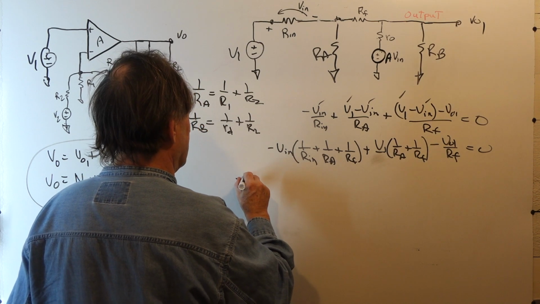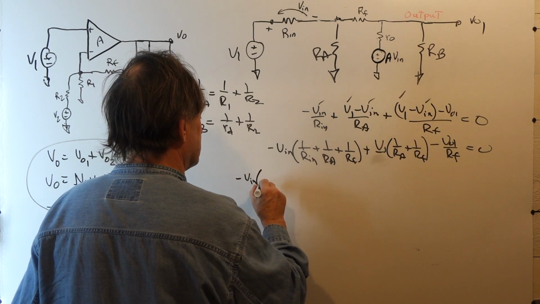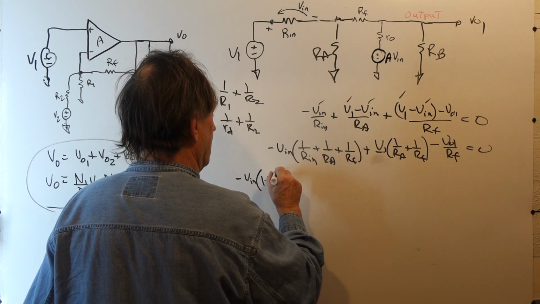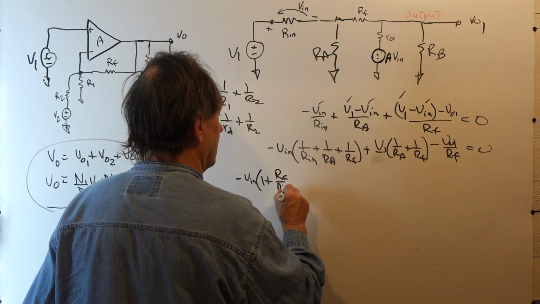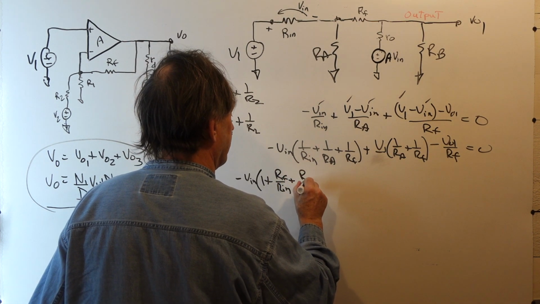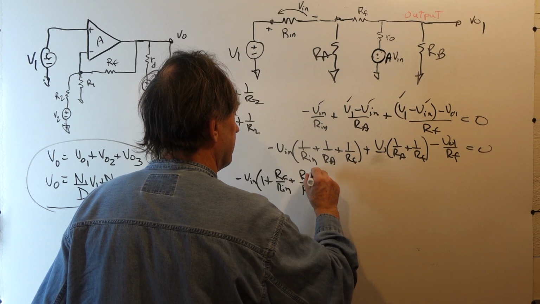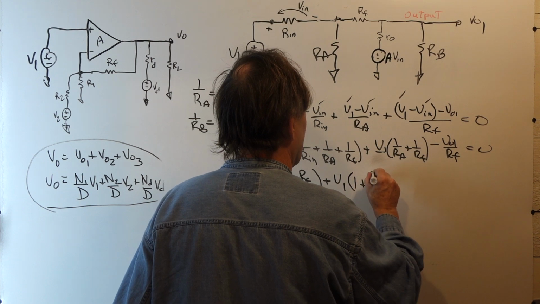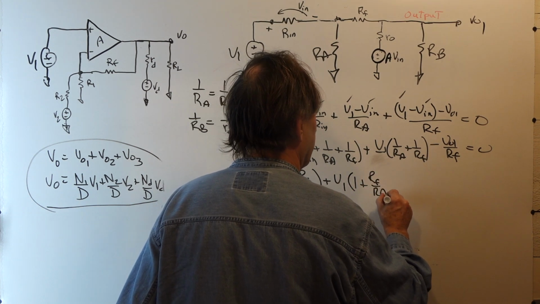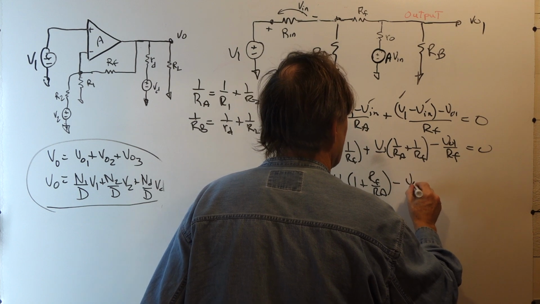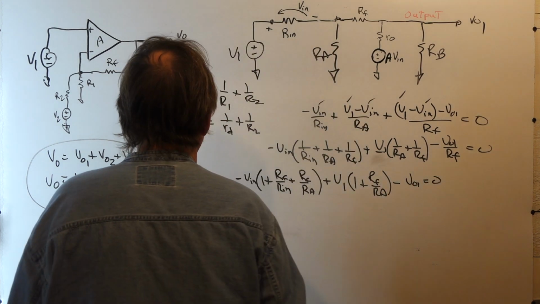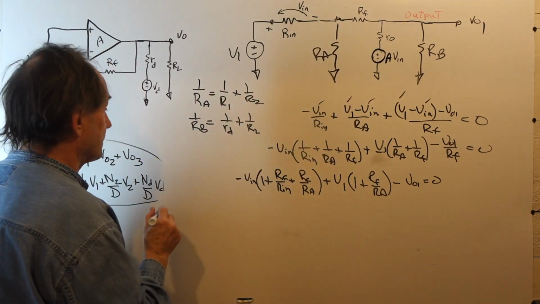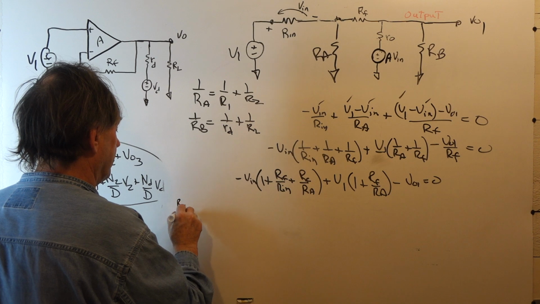And we have minus Vn times 1 plus RF over Rn plus RF over RA, plus V1 times 1 plus RF over RA, minus VO1.